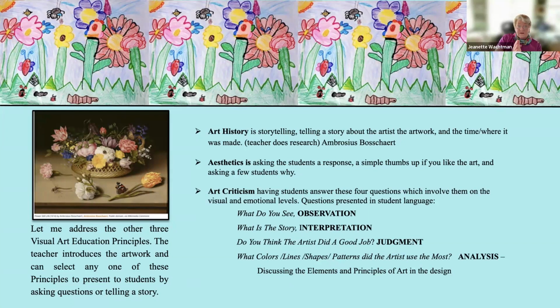And in the upper grades, it could be more informing. That's why I asked you in the beginning to keep the information about the artist and the time it was created.